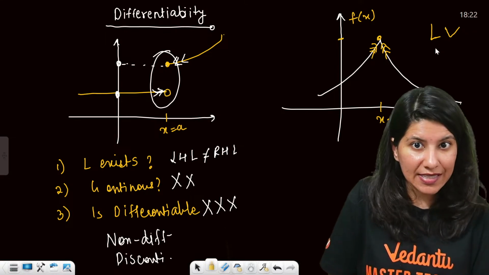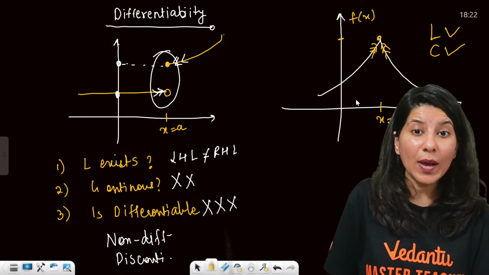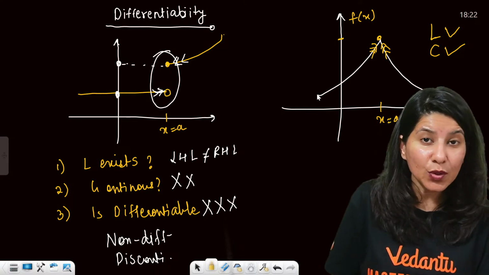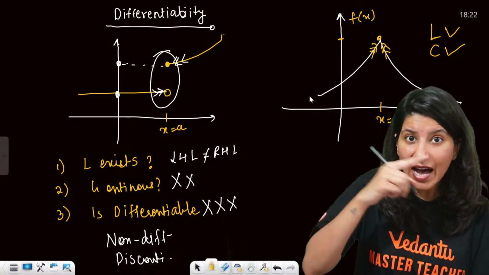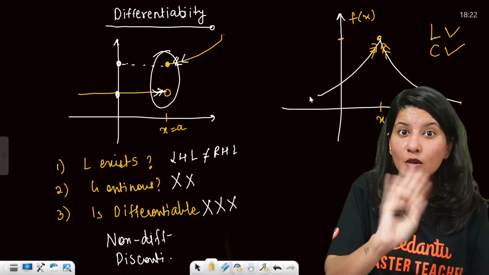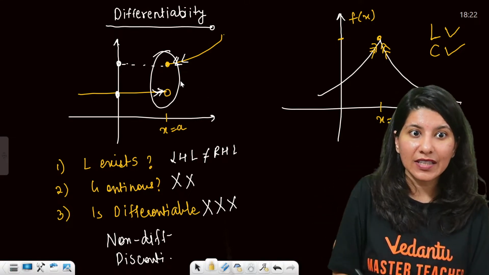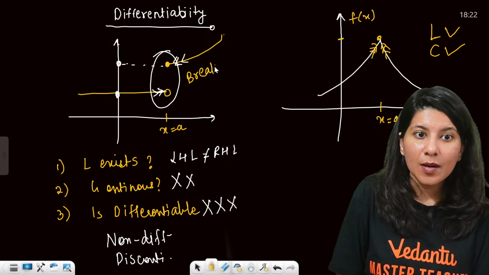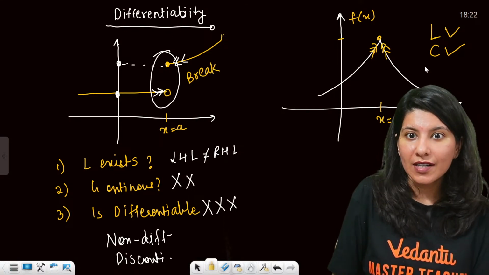The function is continuous as well, because you see how I drew this graph without lifting any pen. Basically there is no break in the graph. Here there is a break, but here there is no break, so continuous.